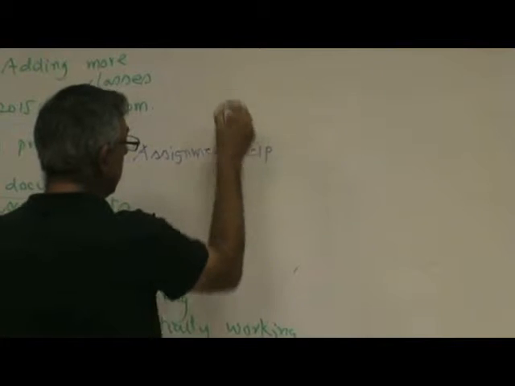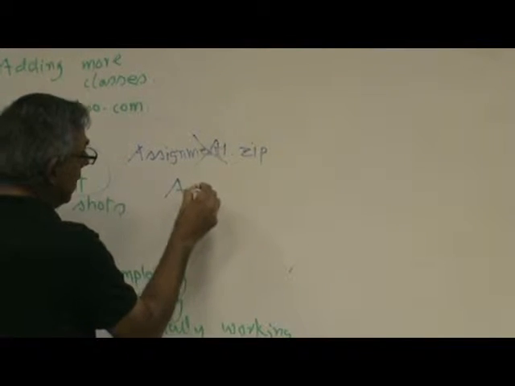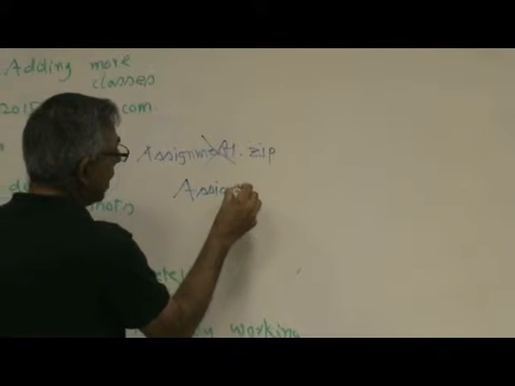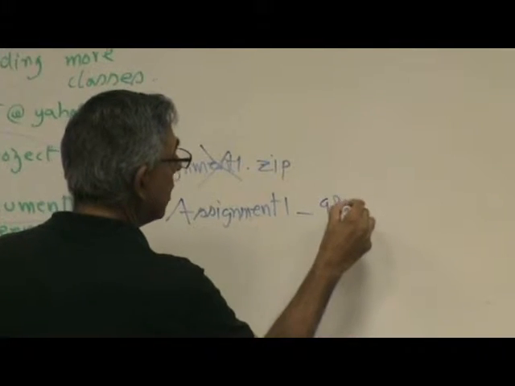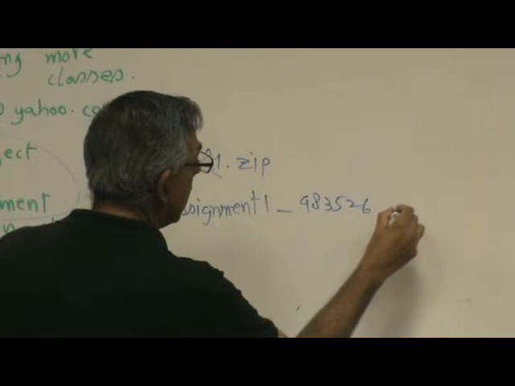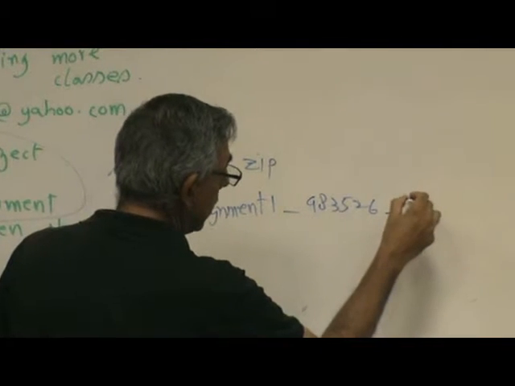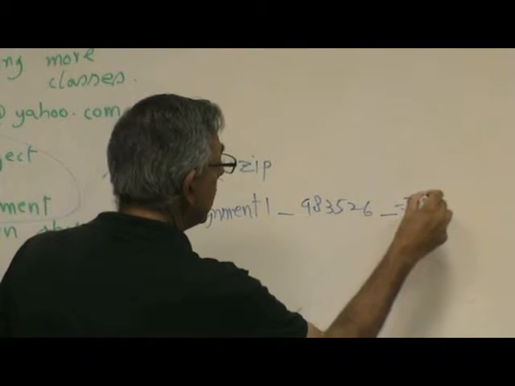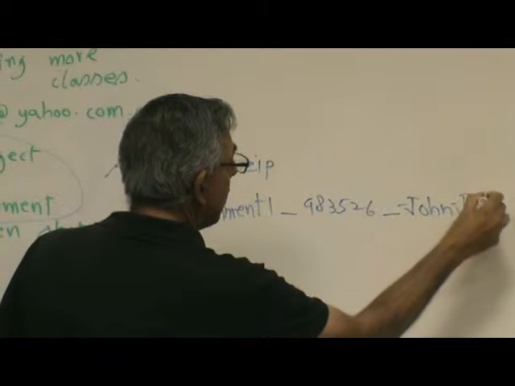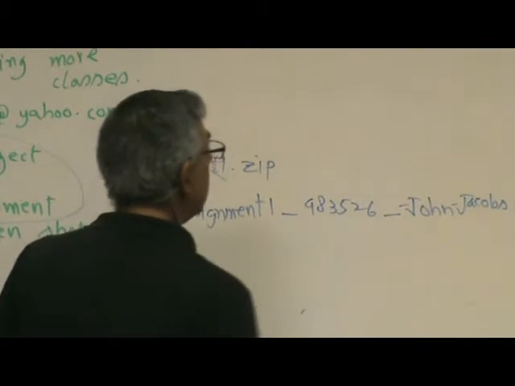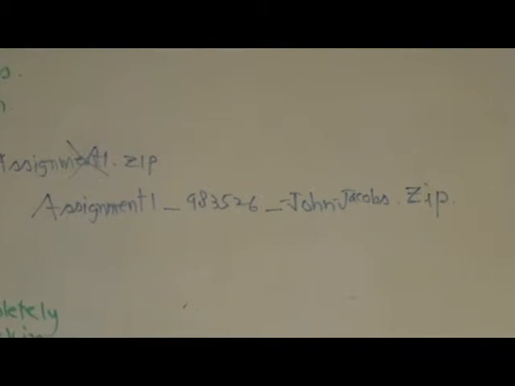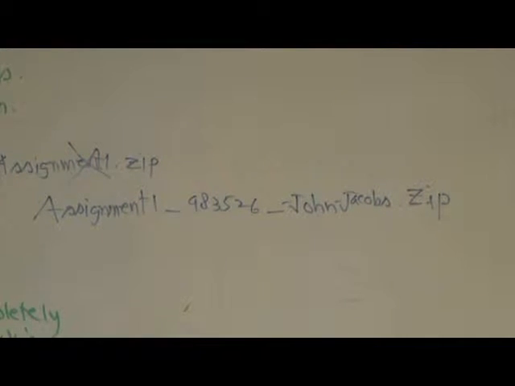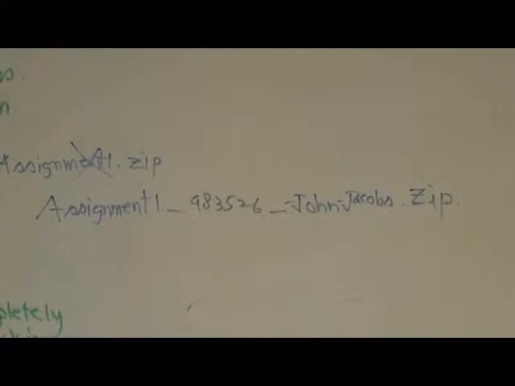Instead of that, you can say assignment1 underscore your ID, whatever, 983526, underscore, whatever your name is, .zip. This way it would be easy for us to track who submitted the assignment, what date it was submitted, and so on.